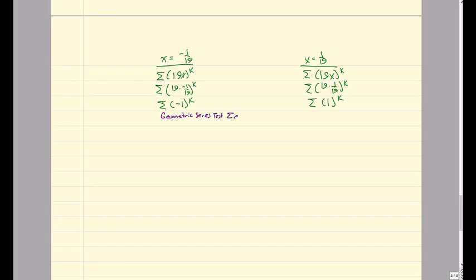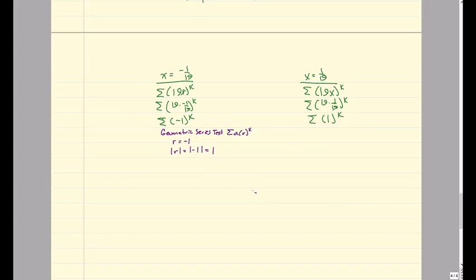Because this is the form a times r to the n, or r to the k, in this particular case, r is equal to negative 1, and I test the absolute value of r, so the absolute value of negative 1 is equal to 1. Now if you look on your formula sheet, a geometric series diverges for an absolute value of r greater than or equal to 1. So this is greater than or equal to 1, therefore it diverges.